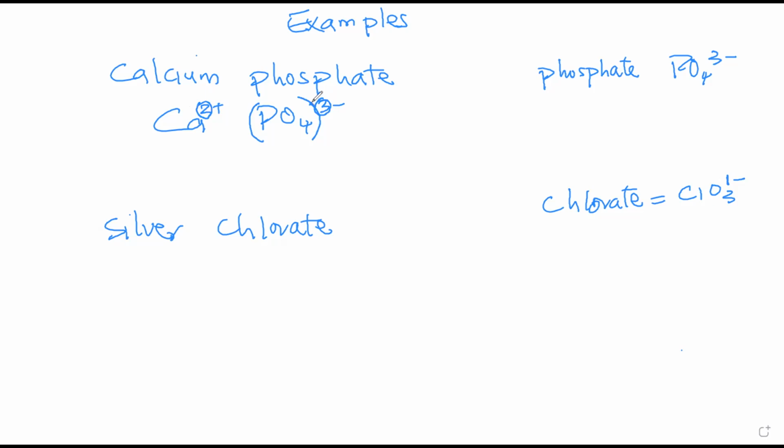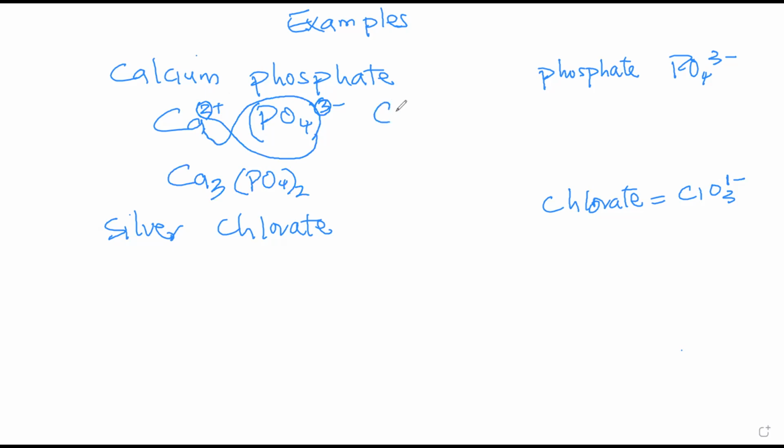Then we have the same crisscross. The charges are not equal. We make the charges equal by doing this. So we end up with this: Ca3, and then 2. You see that? That's why I put this in parentheses in the beginning, so that you don't get confused.